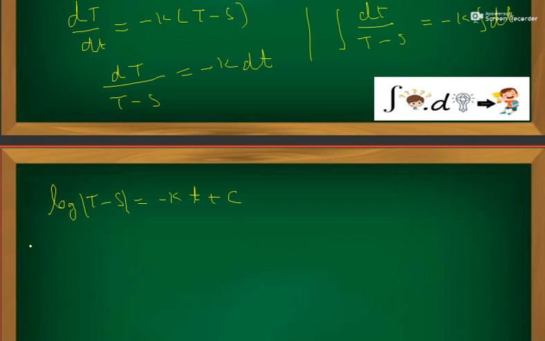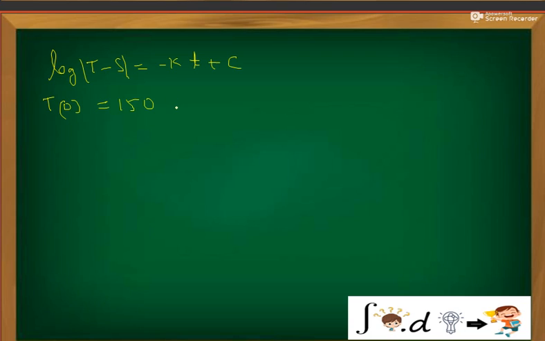Okay, and now it is given that T at 0 is equal to 150. That means when time, small t, is equal to 0, this capital T is equal to 150. And now substituting the values here, it becomes log of mod 150 minus S is equal to 0 plus C, because the value of t is 0 here.